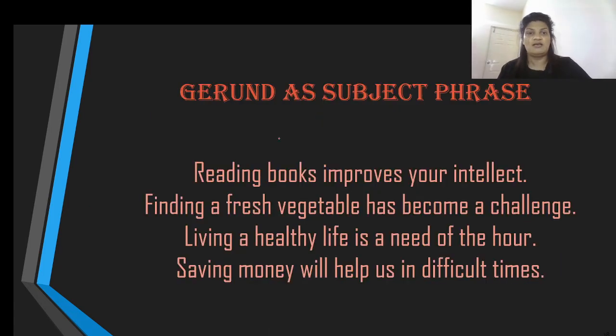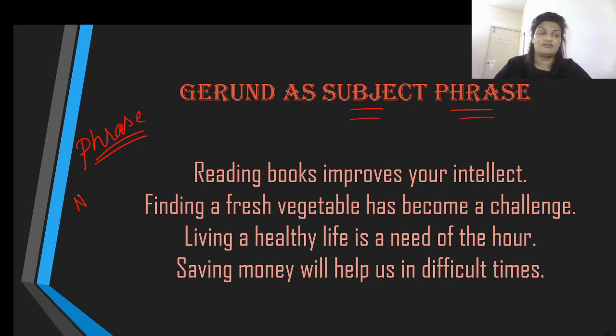All right. Now the next one is when a gerund functions like a subject phrase. What is a phrase, by the way? A phrase is a combination of words which has no finite verb. Well, what is a clause?